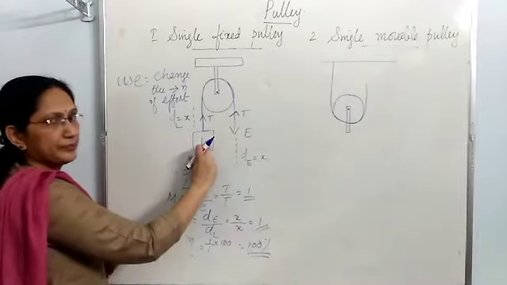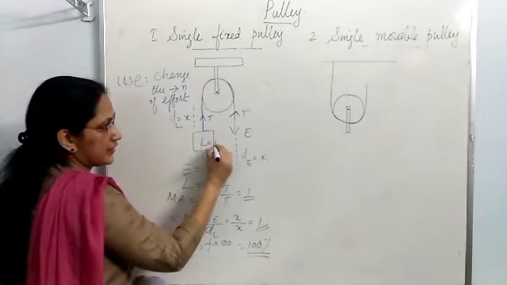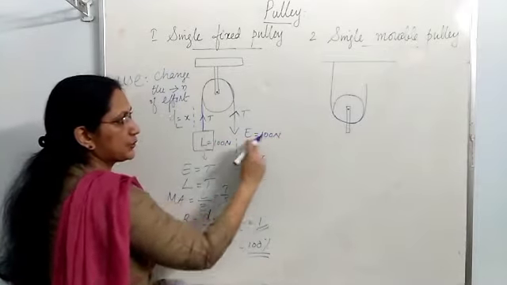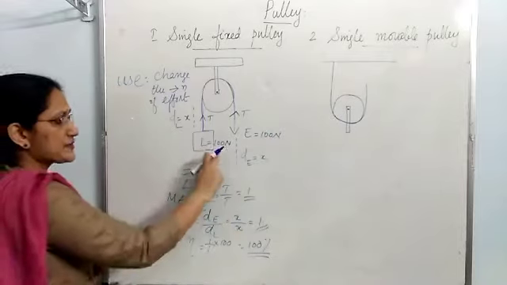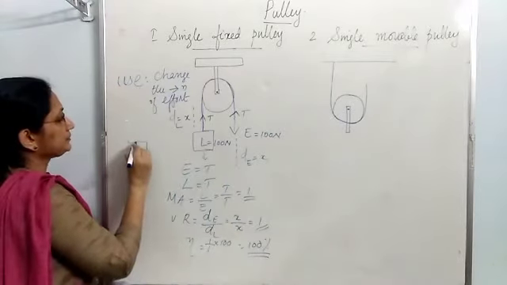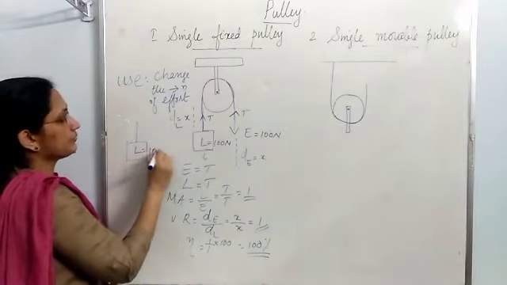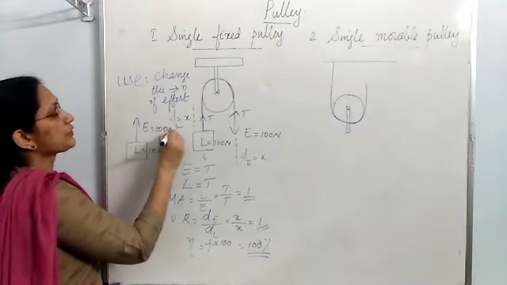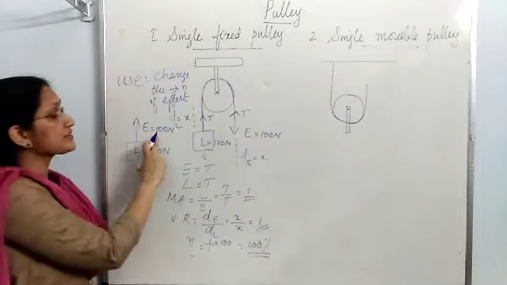Consider this load is 100 Newton, for example, and an equal effort you have to apply here. Suppose you lift the same 100 Newton load without a pulley. In that case also the effort needed is 100 Newton.